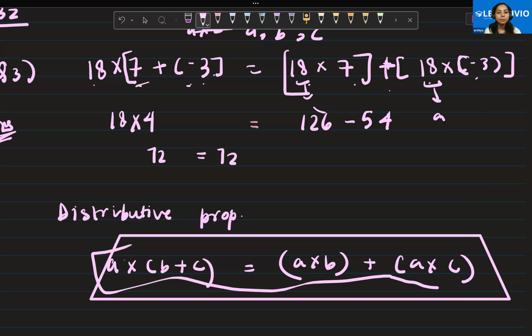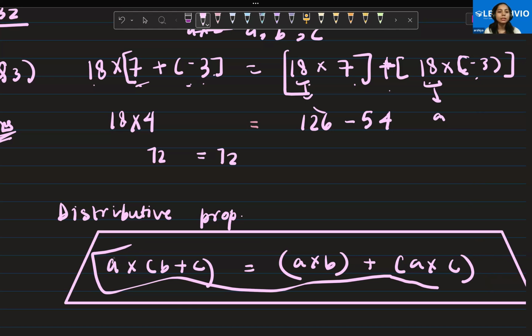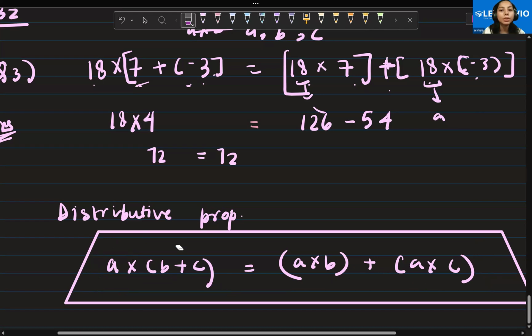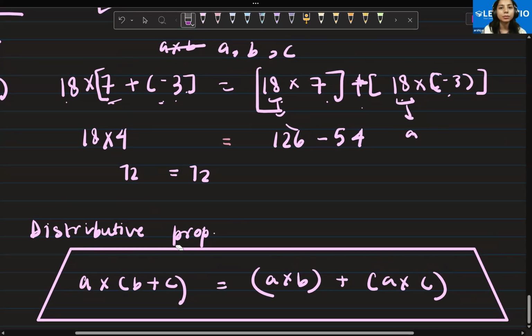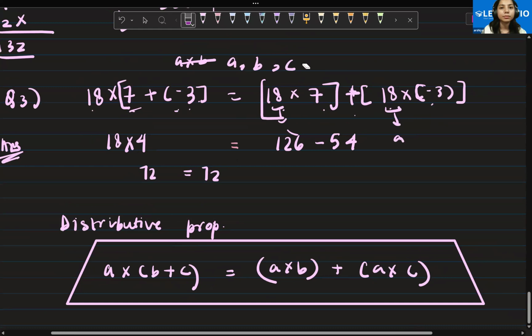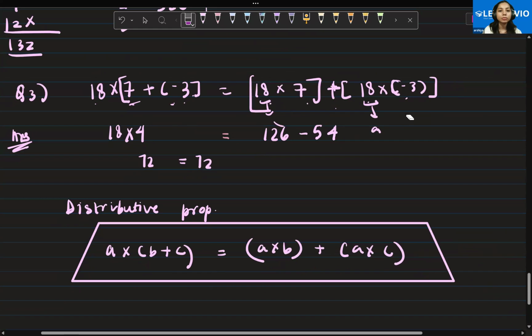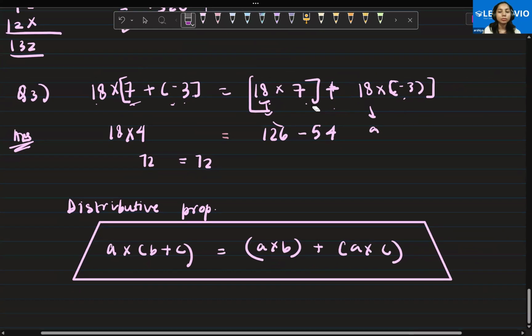Is it clear? After this, you can also write this down as the distributive property. Clear, both of you? Yes, ma'am.